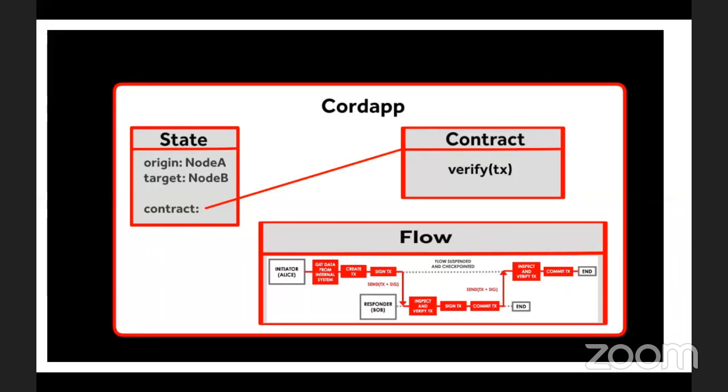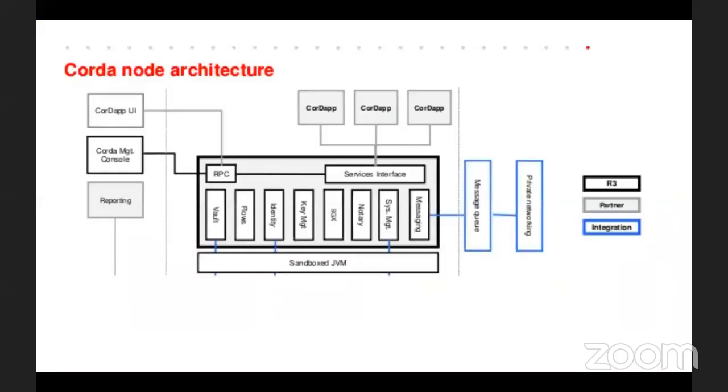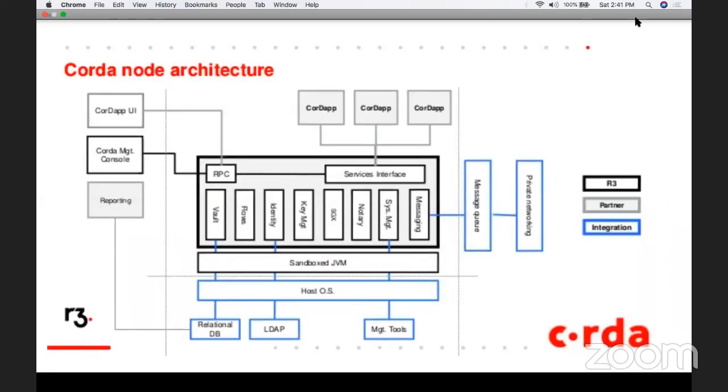And then the flow, when you are entering into a suspended state, when you checkpoint and suspend a flow for some time for completion of some transactions, then it is suspended, and then once it is resumed, you complete the inspection and verification, then you commit the transaction, then you end it, right? So the concept of initiator and responder also is an important concept.